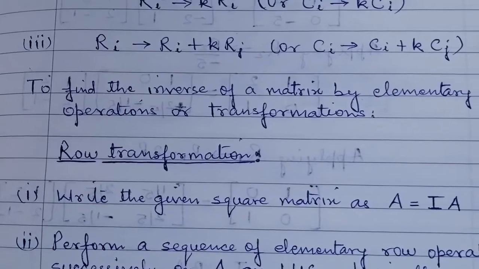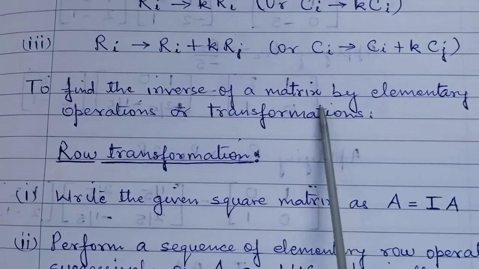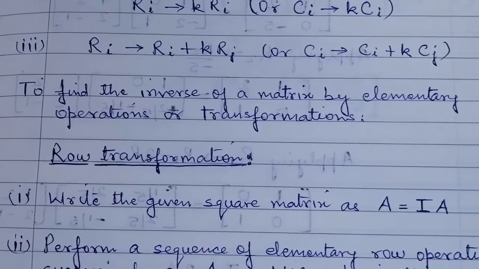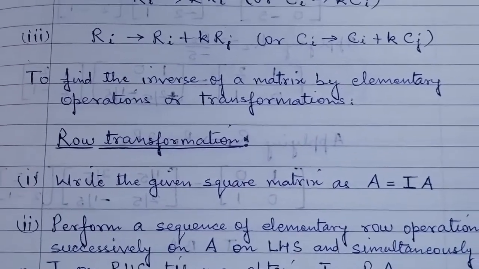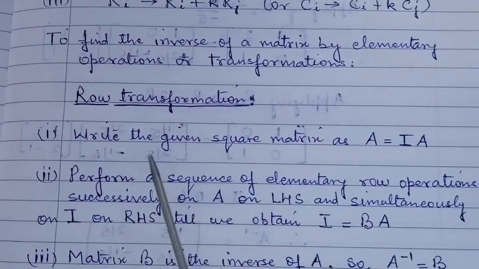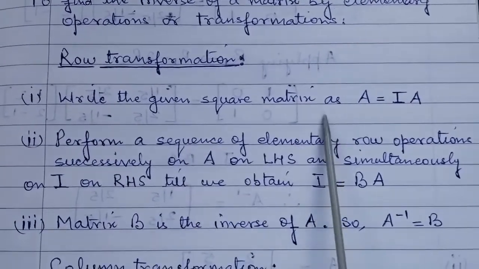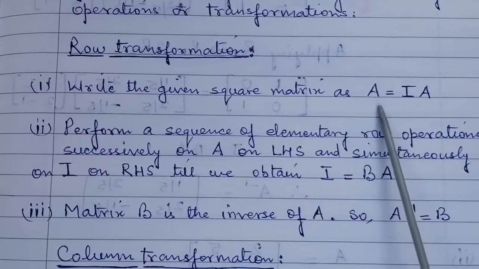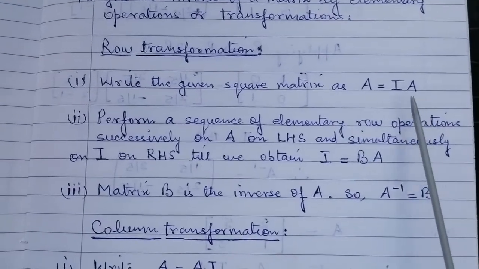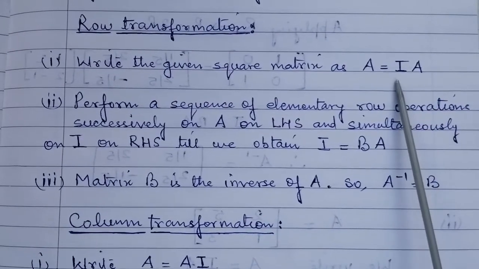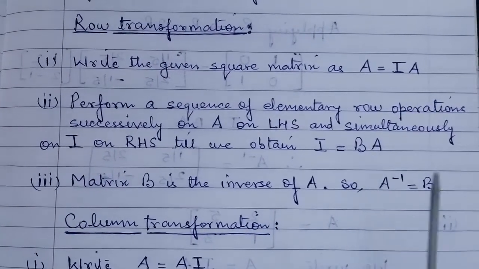Now actually we use this to find the inverse of a matrix by elementary operations or transformations. So we have two types of transformations. First one is row transformation, right? So please listen carefully now. Write the given square matrix as A is equal to I into A, because we know that if we multiply a matrix by an identity matrix, that remains unchanged.